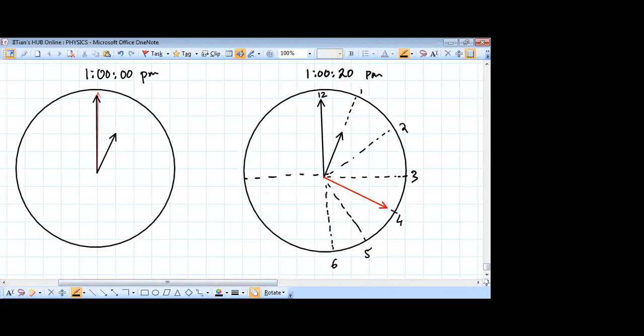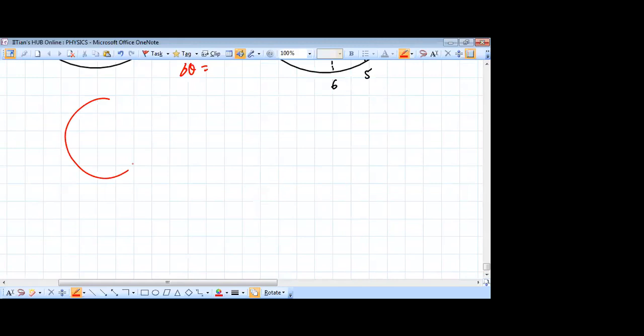So we just have to find this angle, geometrically. So this angle delta theta will be what? For this circle, this is 90. This is where your 3 is. 4, 5, 6.